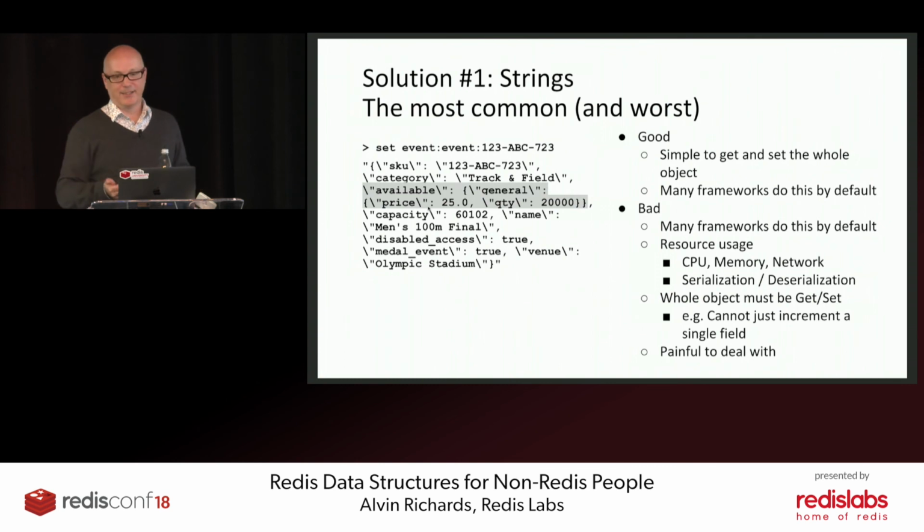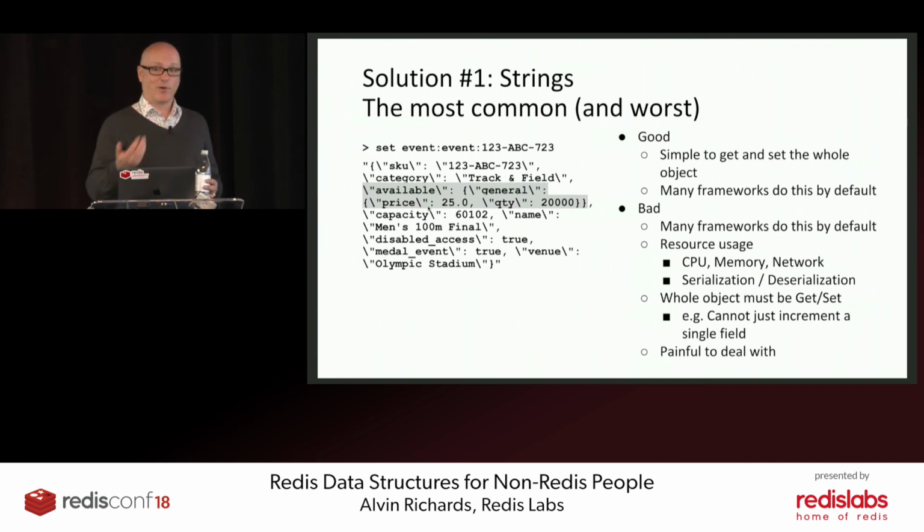The problem comes if I now want to manipulate or change a field, right? I've got a quantity of tickets. Let's say I've now sold 5 tickets. What do I have to do?